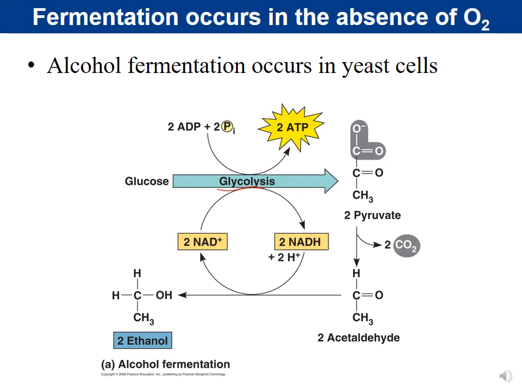Glucose is going to get broken down into that 3-carbon pyruvate, right? Glyco, sugar, lysis, breaking. When we break down the glucose, electrons are going to be transferred onto an electron carrier. So NAD+ is going to take electrons and form NADH during glycolysis. We also get a net gain of 2 ATP per glucose during glycolysis.